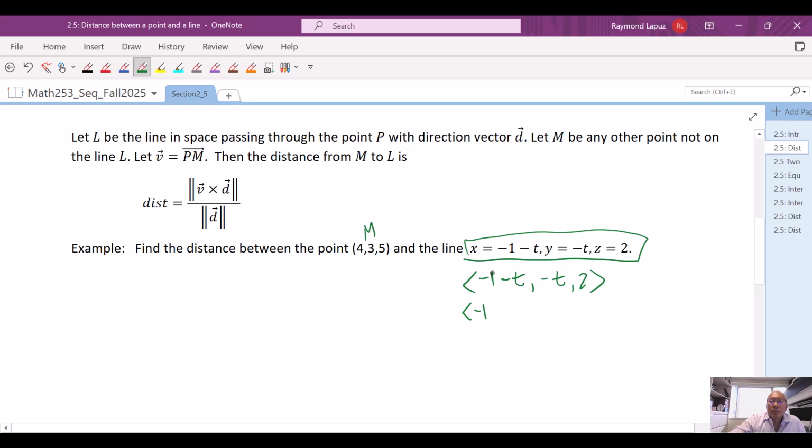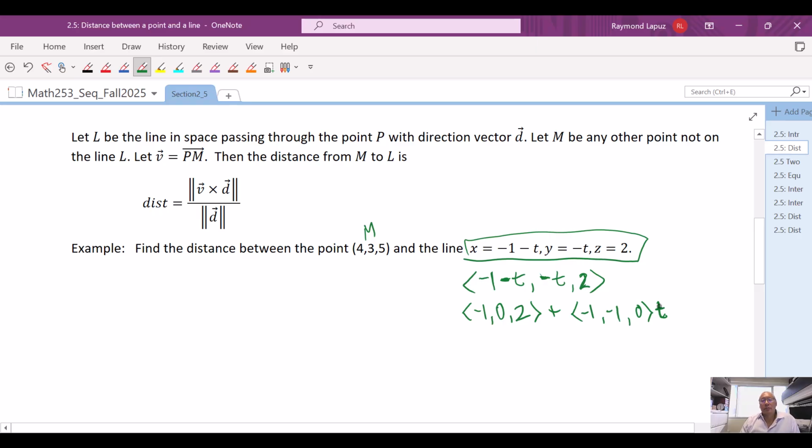So I have a -1 constant, and there's nothing here, so I think the y component is going to be 0, and the z component is just 2. And then extract the stuff with a t in it. So this has a -1 times t. This also has a -1 times t. And the last one does not have a t, so the coefficient of that must be equal to 0.